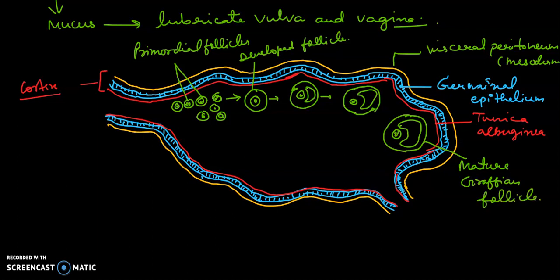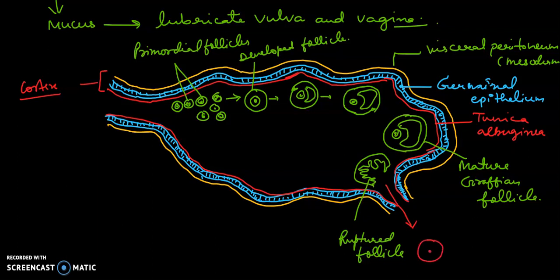When these follicles rupture, let me show you. Suppose this follicle has been ruptured. When this follicle is ruptured, it releases the ovum, which was enclosed in this follicle, and this step is called ovulation.